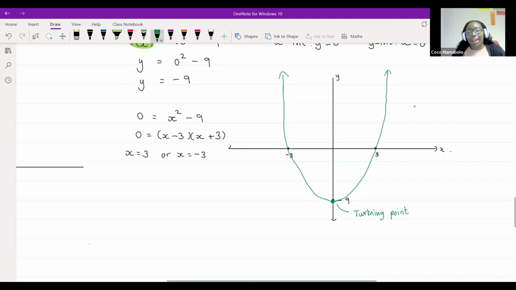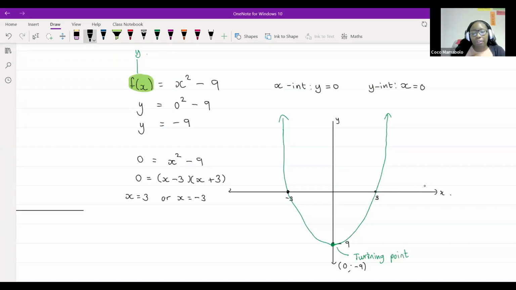I know that -9 is the y-intercept. So that is the y value. What was the x value over here? 0. What x value did we use? That's it. Beautiful. So my turning point, or the point where my graph turns, is going to be 0 and -9.